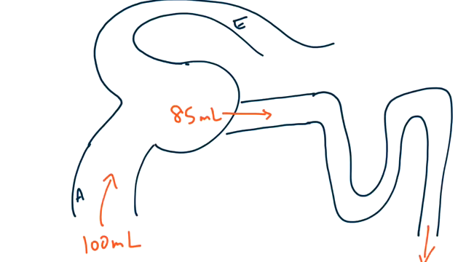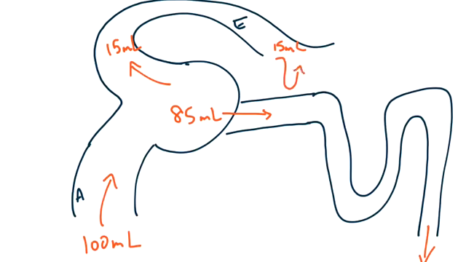For this example, let's assume that the remaining 15 milliliters can't be filtered because the glomerulus has reached its maximum capacity. In this case, the remaining 15 milliliters would move from the glomerulus to the efferent arteriole. Remember, inulin isn't secreted or reabsorbed, so none of the remaining 15 milliliters would be secreted into the lumen of the nephron.